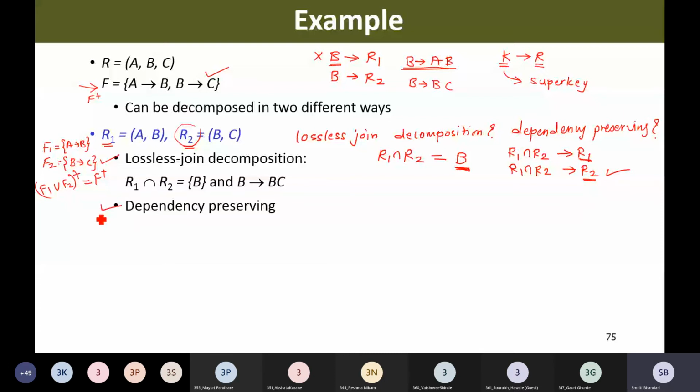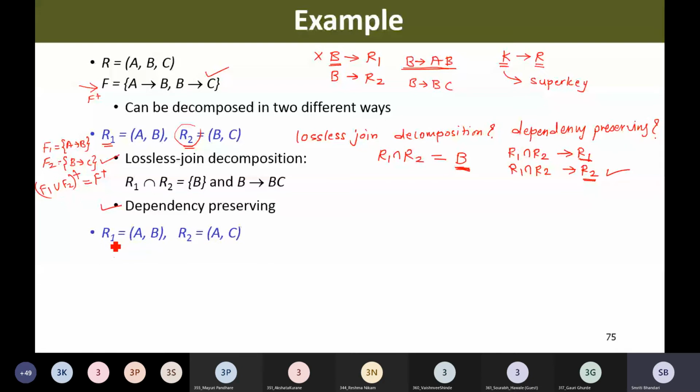Okay. Now, let us see another kind of decomposition. We may decompose R in this manner also: R1 comprising AB and R2 comprising AC.